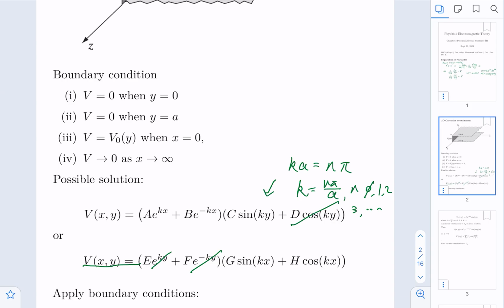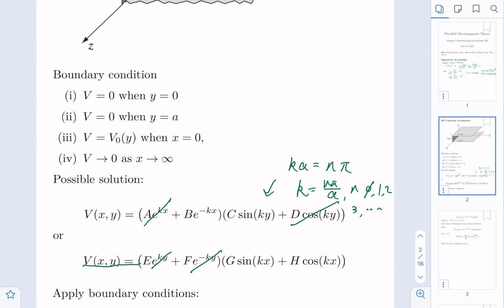Now let's take a look at the fourth boundary condition. It says that as x goes to infinity, V must approach 0. If we look at the two exponential functions, the first is exponentially growing, while the second is exponentially decaying. So this last boundary condition eliminates the first expression, and what's left over is only the constants b and c.